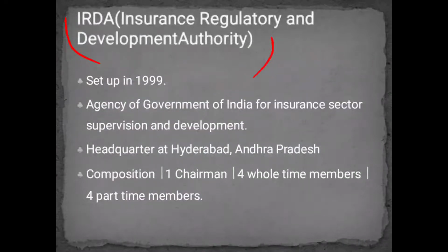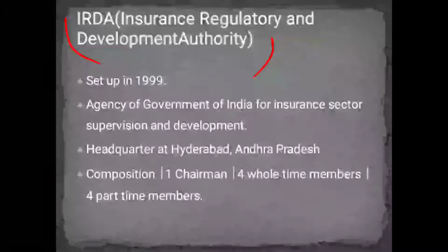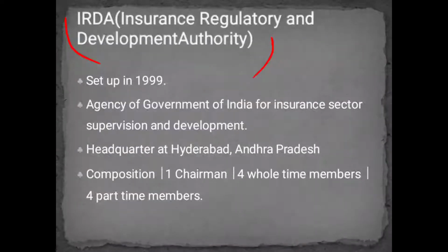It is an agency of the Government of India for insurance sector supervision and development. The headquarters is at Hyderabad, Andhra Pradesh. The composition is one chairman, four whole-time members and four part-time members. This is the organization structure.